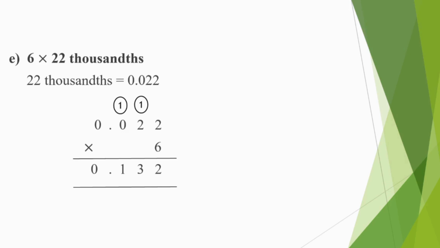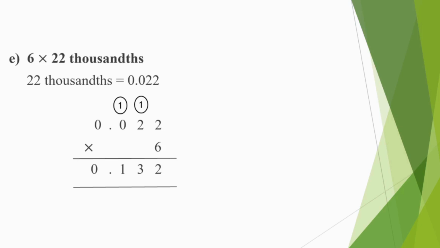So 6 multiplied by 2 is equal to 12. 2 and 1 will be on the 2. 6 multiplied by 2 is equal to 12, and plus 1 is equal to 13. 6 will now be multiplied by 0, so there is 1 above the 0, so I write it as it is, and 6 multiplied by 0 is equal to 0.